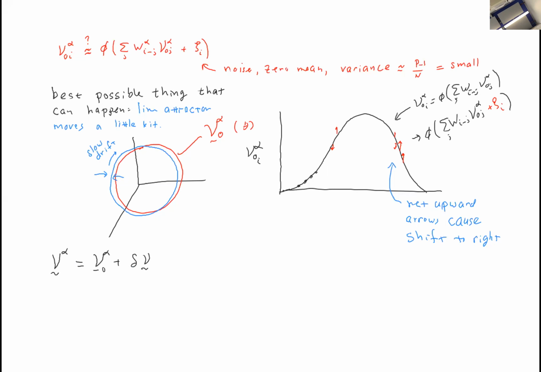Okay. And what we want is that nu 0 alpha plus delta nu equals phi of w dot nu 0 alpha plus delta nu plus squiggle. If this holds, we have a line attractor.